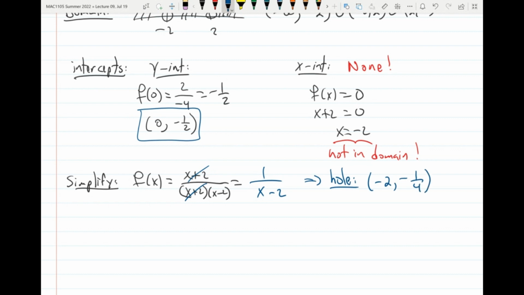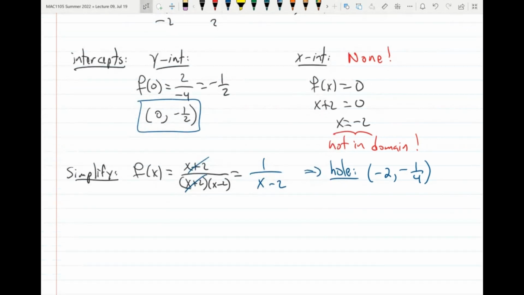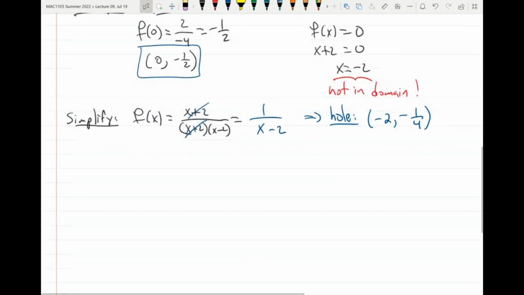Very good. You plug it into the simplified version to get the y. So we already found 2 points that are important for the graph: the y-intercept and then the hole. Any questions? Okay. So now we're going to be working with the simplified version from now on. Okay. So asymptotes.